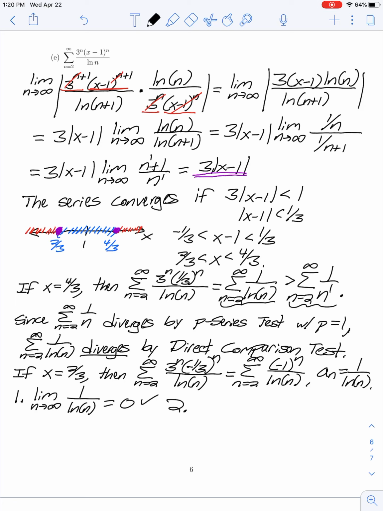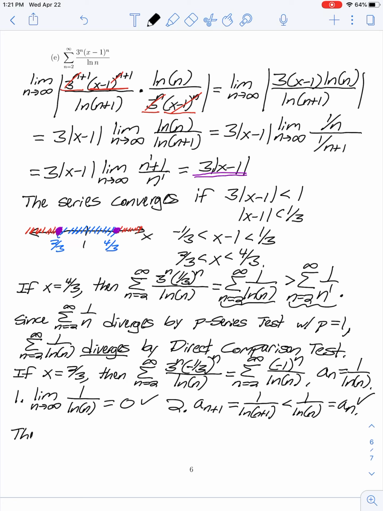And the second condition is that a sub n is a decreasing sequence. So here a sub n plus 1 is 1 over the natural log of n plus 1, which is less than 1 over the natural log of n, since the natural log is an increasing function, but this was a sub n, so it is also a decreasing sequence.